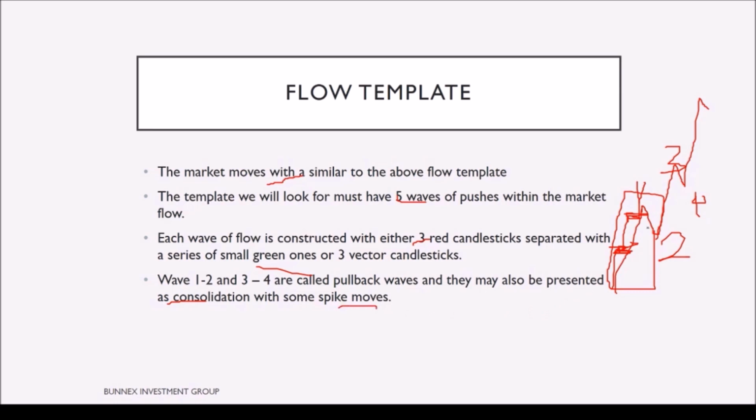So we might not see a flow of the market from 1 to 2, but there may be some spike moves to 2 and some spike moves to 4. This is also true for the wave A and B, so that from 5 we have A, B waves.